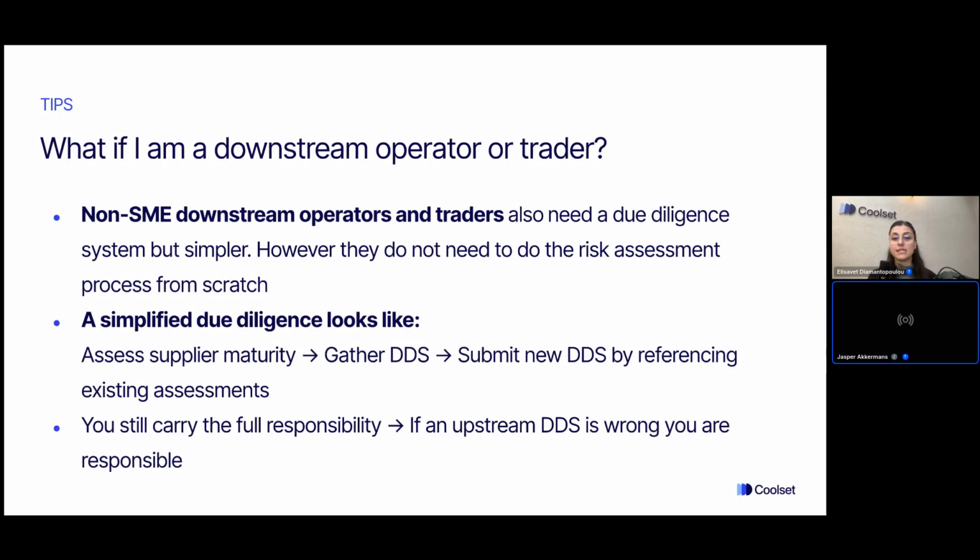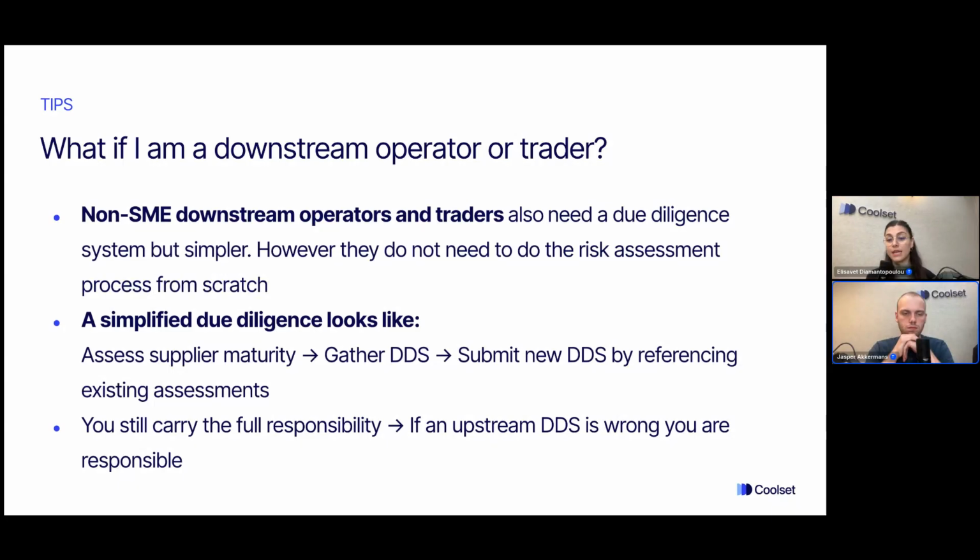The main difference is that if you are a downstream operator or trader, you don't need to conduct the risk assessment process from scratch. What you do have to do instead is, first, assess your supplier's maturity. So essentially your risk assessment is: how good of a job is my supplier doing in creating this process from scratch? So assessing, collecting the data, assessing the risks, mitigating the risks.